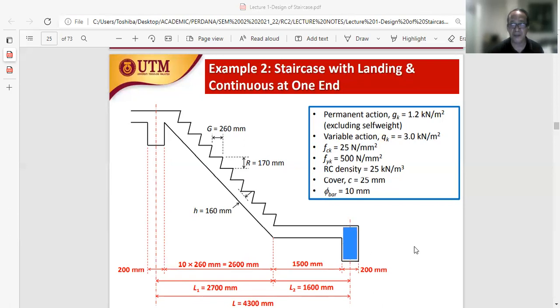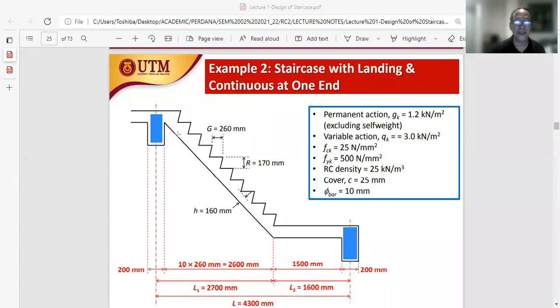From the observation we can see here, the landing is now connected directly to the beam that is supporting the staircase. So now we have a condition where there are 2 similar beam supports. One is located at the upper end of the staircase, and the other one is located right at the end of the landing.